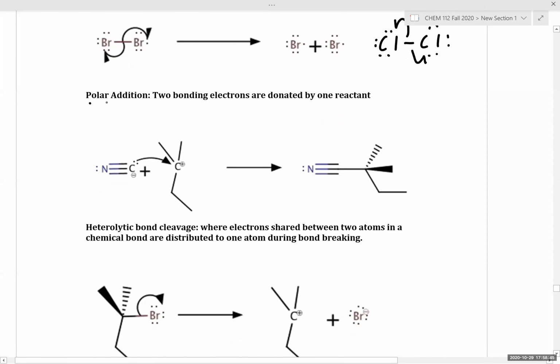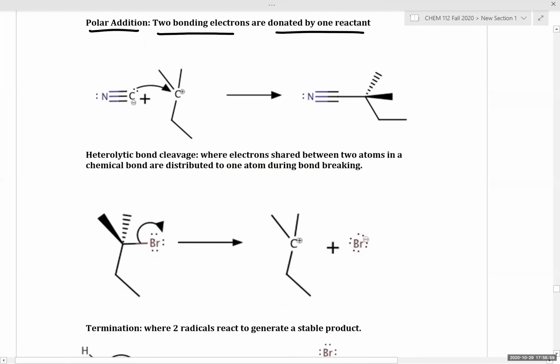For polar reaction mechanisms, we have polar addition, where our two bonding electrons are donated by one reactant. Likewise, we can also break bonds in a heterolytic manner called heterolytic bond cleavage, where the electrons shared between the two atoms in our bond are distributed to one atom during the bond breaking event.